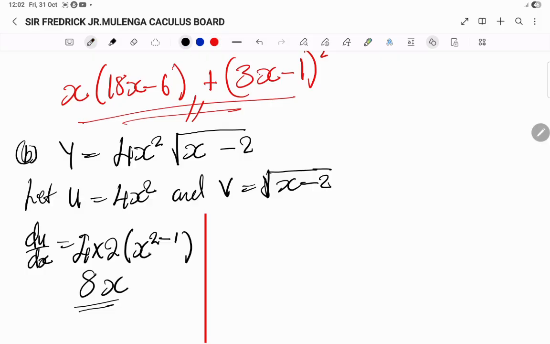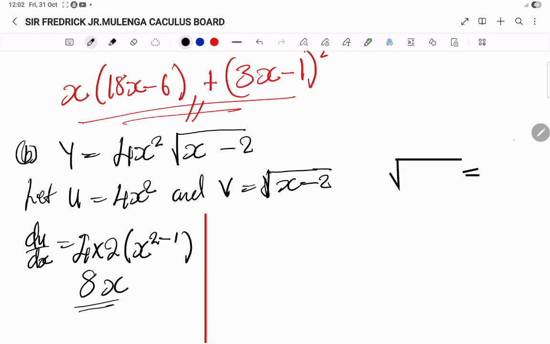If you look at this function, we have v equal to the square root of x minus 2. So what do we do here? We know that the square root means this.